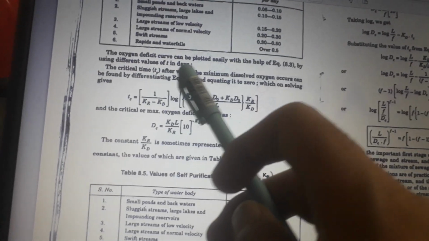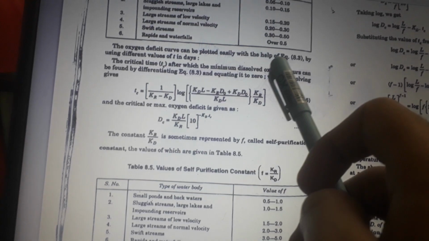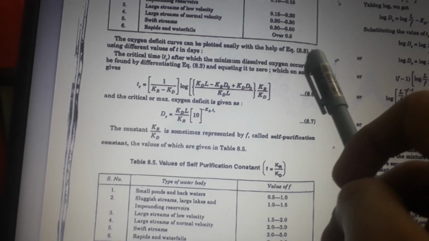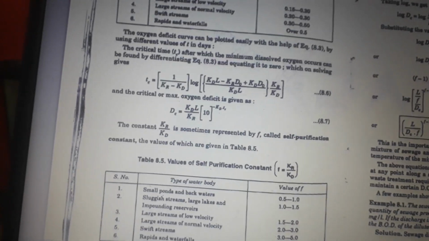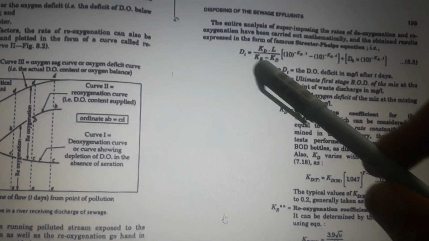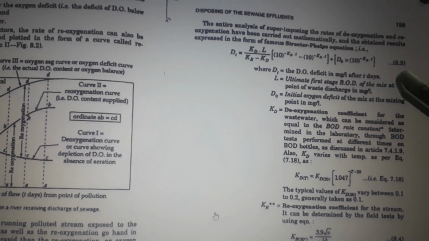The oxygen deficit curve can be plotted easily with the help of equation 8.3 by using different values of T in days. This is equation 8.3.